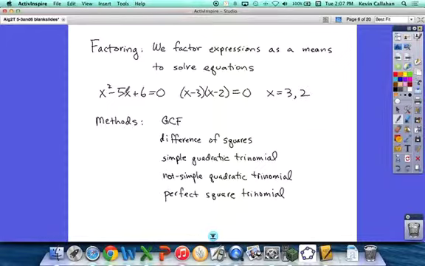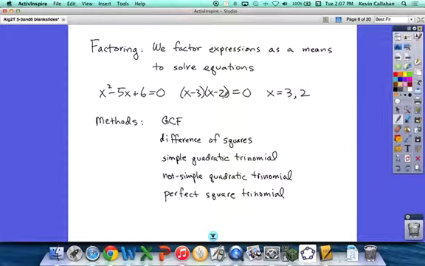So we factor and we get x minus 3 times x minus 2 equals 0. Now we can use the zero product property, right? Since this product equals 0, it must be that one of the factors equals 0. Just like the homework from last night. What are the zeros of that expression? 3 and 2, right?